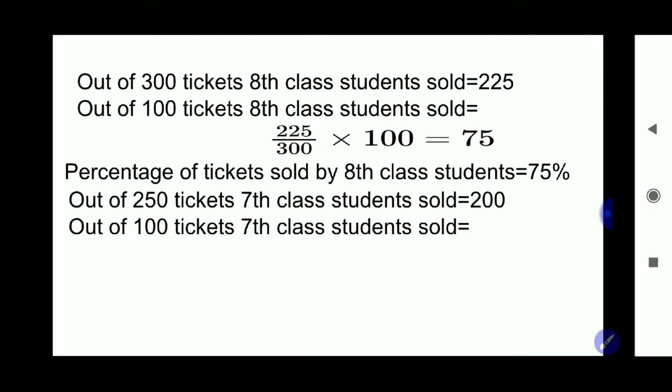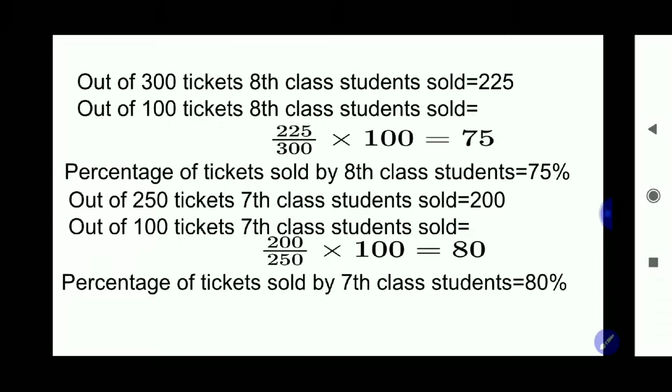Similarly, out of 250 tickets, 7th class students sold 200. Out of 100 tickets, 7th class students sold, again use the unitary method. 200 by 250 into 100, that is 80.